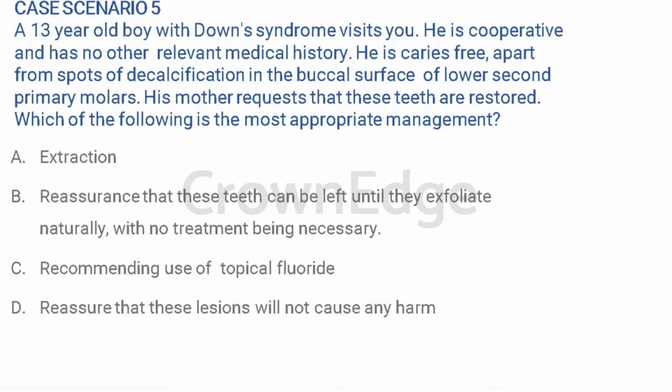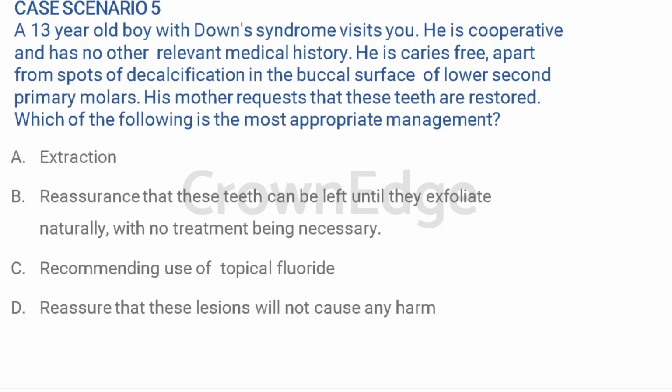Okay. So any spot decalcification is basically the starting of your enamel caries. Okay, that's how your enamel caries starts, right? And they clearly say it is on the buccal surface of the lower molars, and we're talking about your lower second primary molars.